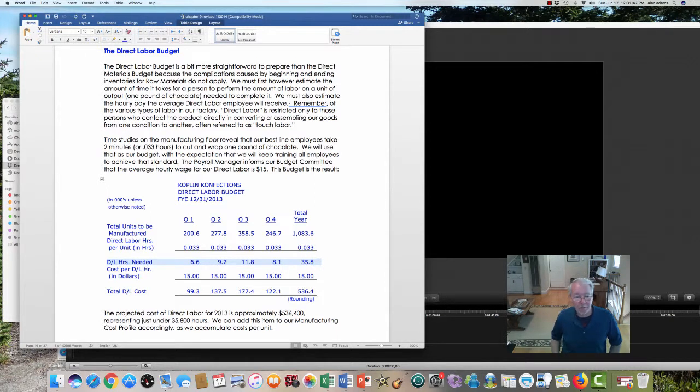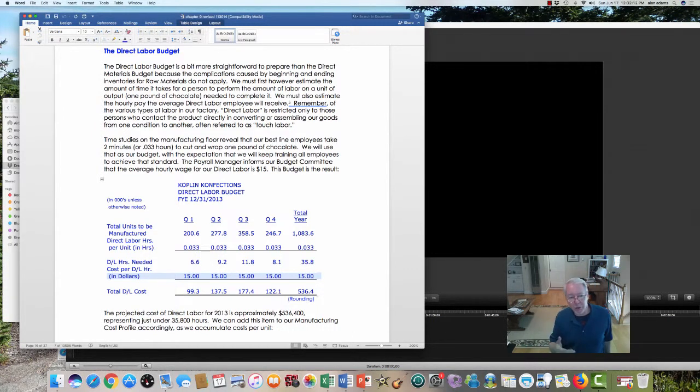My payroll manager says the average cost of a direct labor person next year is going to be 15 bucks. Let's use it. Very good. Now we've given him a goal too. Manufacturing has been given several goals already, but they know they have to hold their direct labor to a certain number of hours, and we'll measure their performance based upon that.